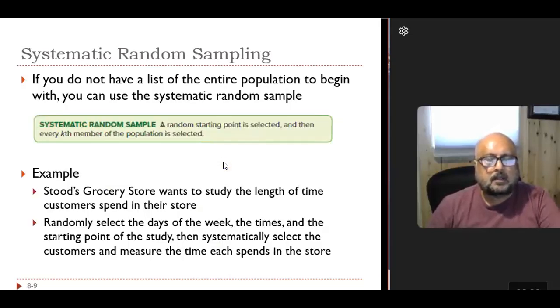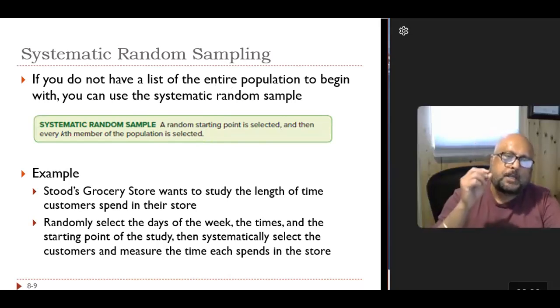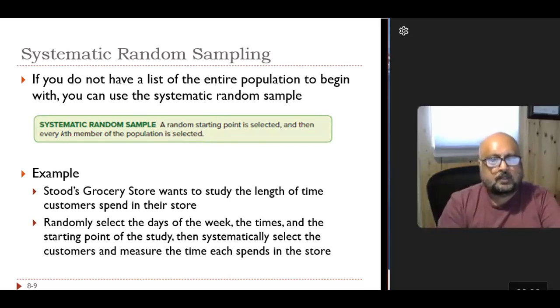Okay, the second method was systematic random sampling. So what happens in systematic random sampling? In this case, again, we have to sample because we do not have a list of the entire population to begin with. In this case also, we select the starting point the way we did before, right?